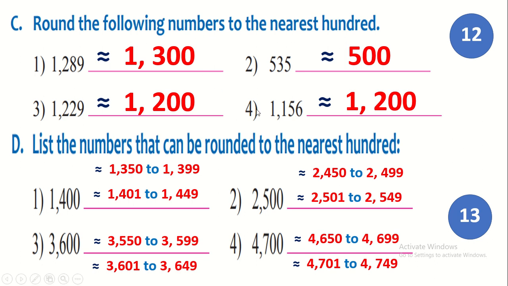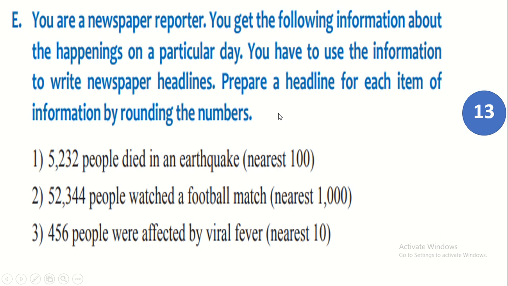Now let's move to letter E. You are a newspaper reporter. You get the following information about the happenings on a particular day. You have to use the information to write newspaper headlines. Prepare a headline for each item of information by rounding the numbers.